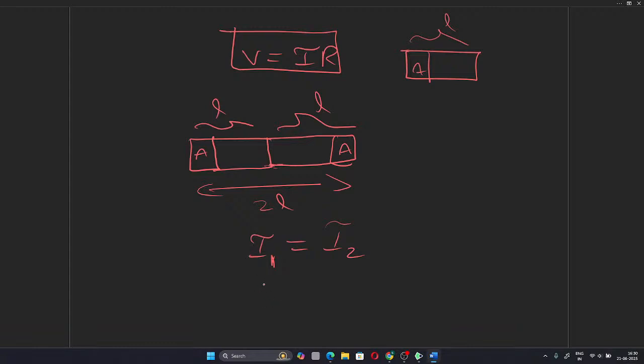Here a single slab has V potential. Here there are 2 slabs, each having V potential, so the V of this case, let's call it Vp, equals 2V.